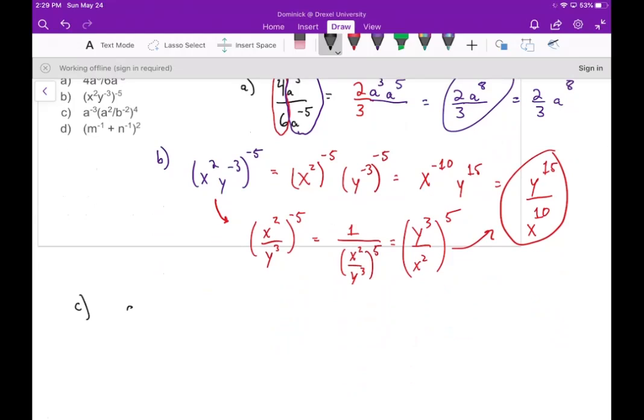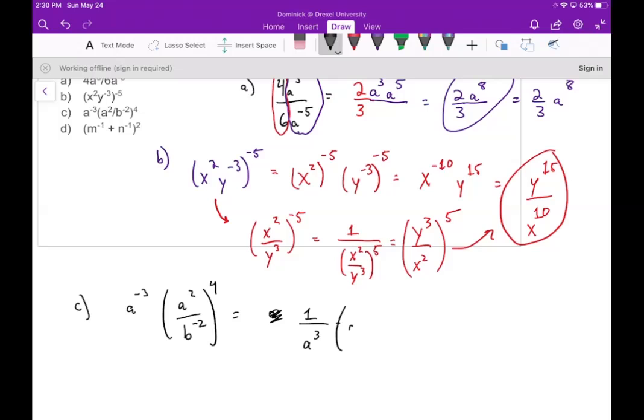Now in part C, we have a to the -3rd times a squared over b to the -2 all to the 4th. So I guess let's take care of our negative exponents first. And we'll first say this is 1 over a to the third.